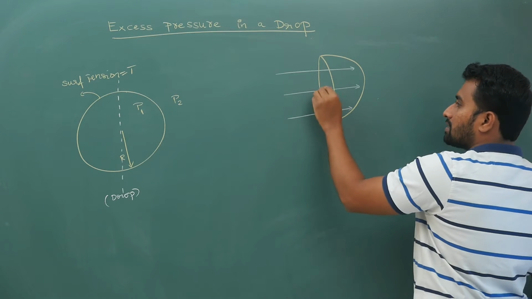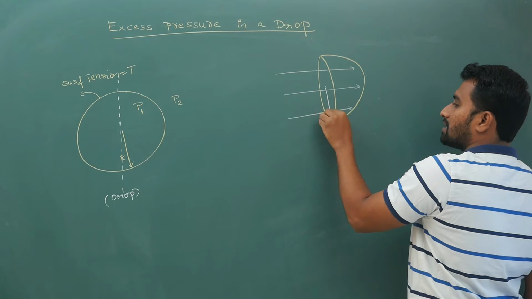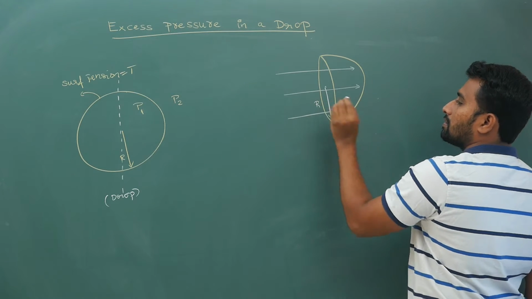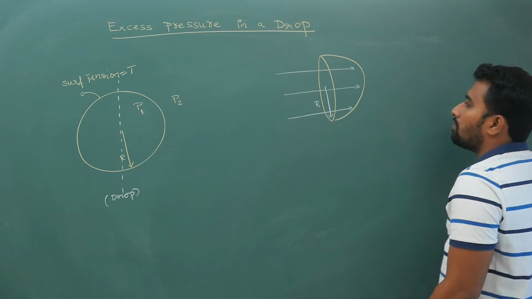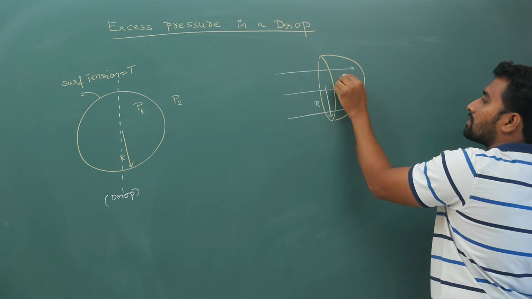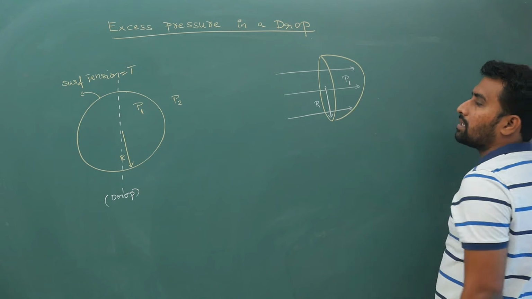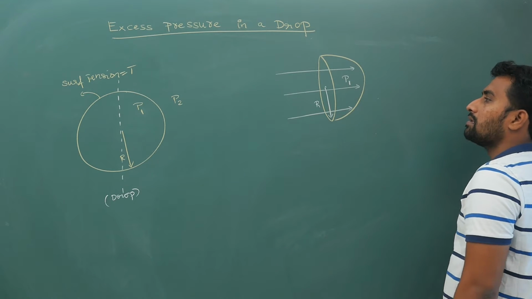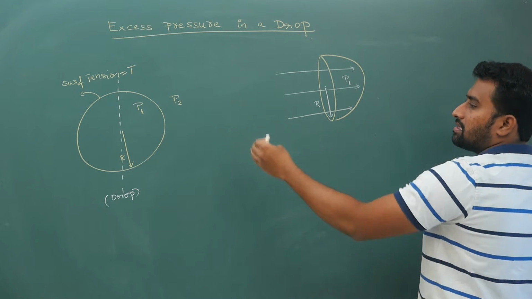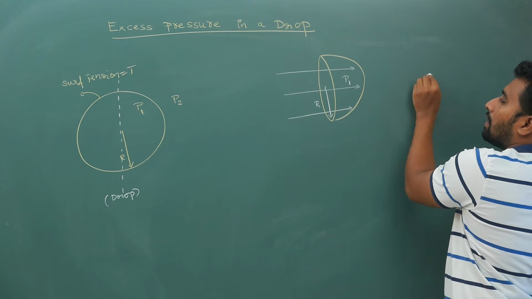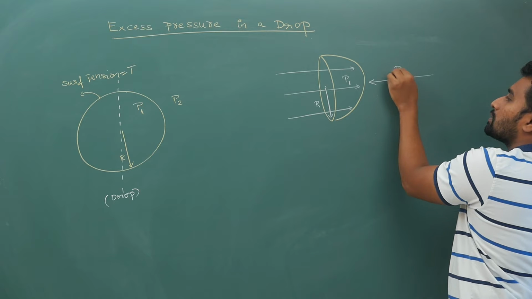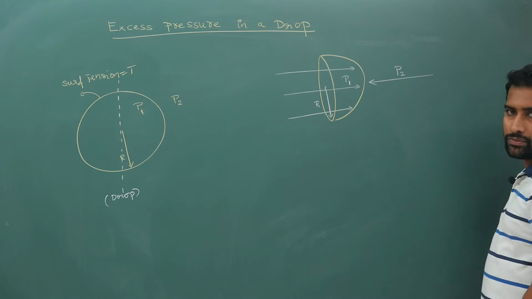This radius is r. Now you will have two things. One is pressure P1, which will be inside this part, and outside, because of atmosphere, let us say it is P2.